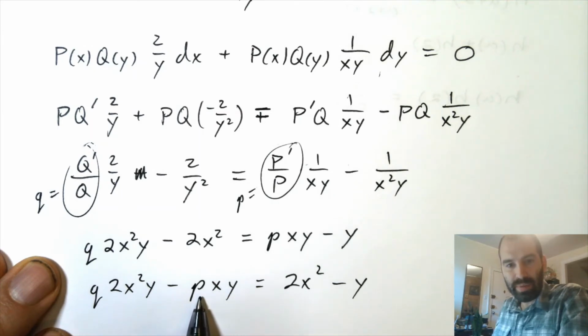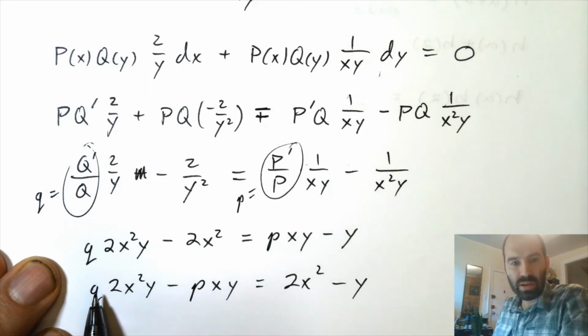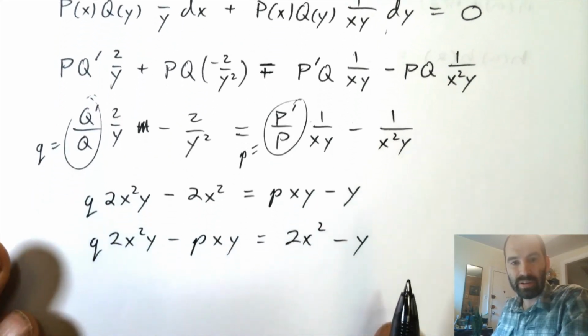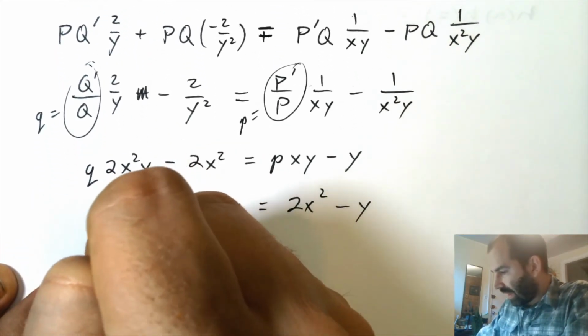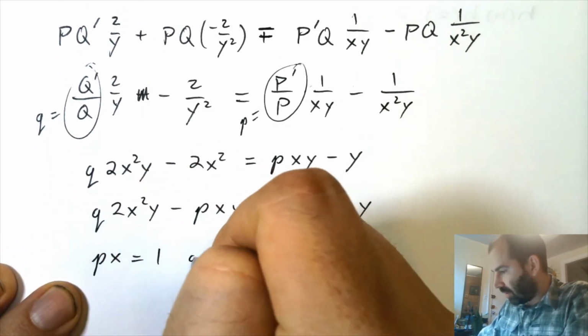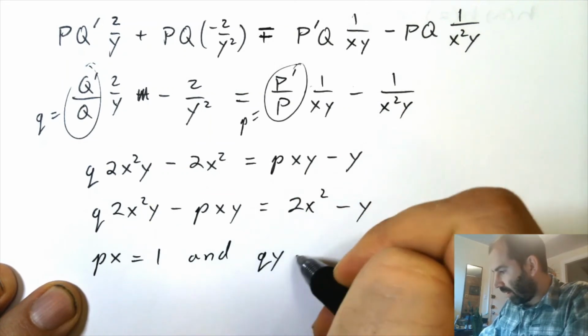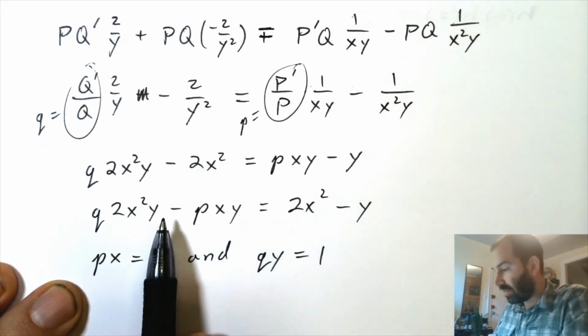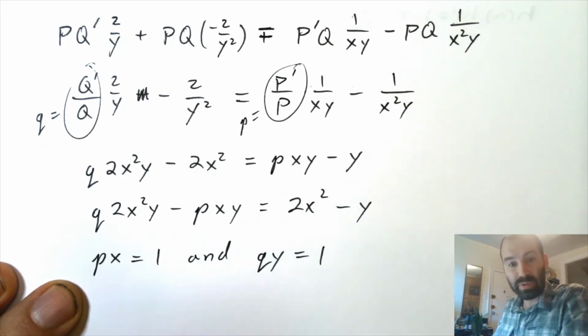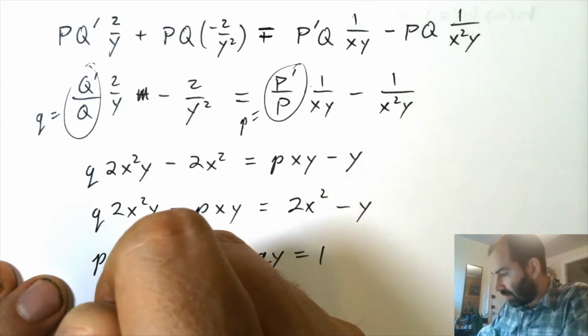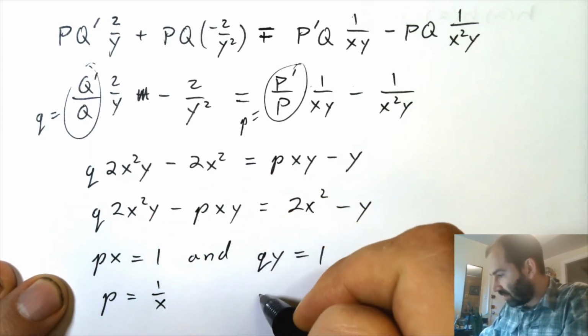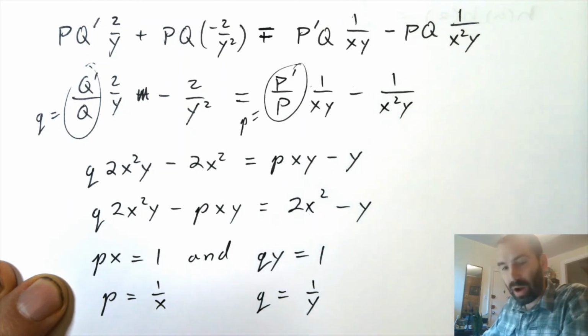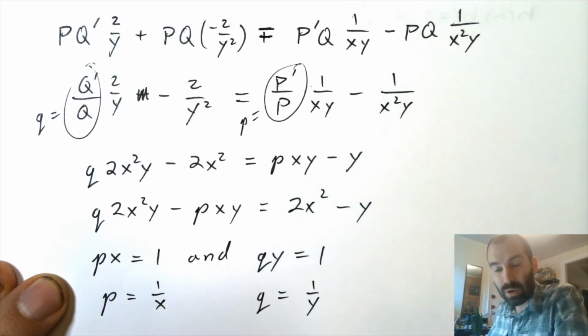So that means I need px to be 1 so that I get the minus y, and I need qy to be 1. All right. Do you see that? If px equals 1 and qy equals 1, then these will be the same. So that tells us what p and q are. P has to be 1 over x, and q has to equal 1 over y. And that is totally copacetic, right?